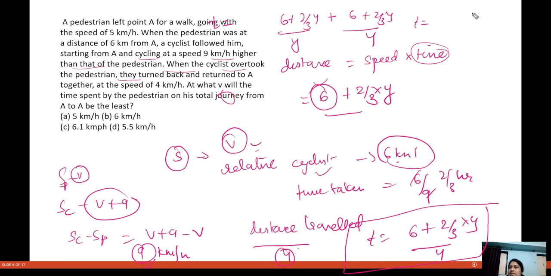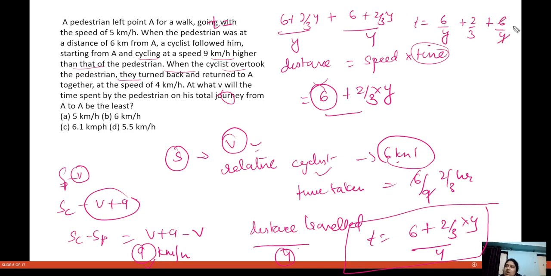So when we solve this equation, what we get is 6 by y plus 2 by 3, because y and y get cancelled, and plus 6 divided by 4 obviously.